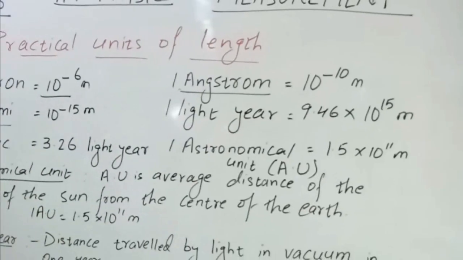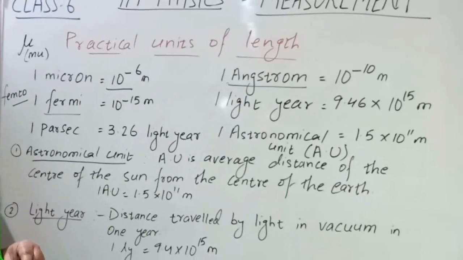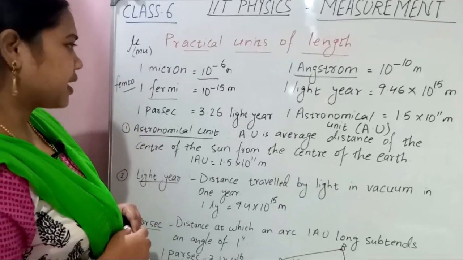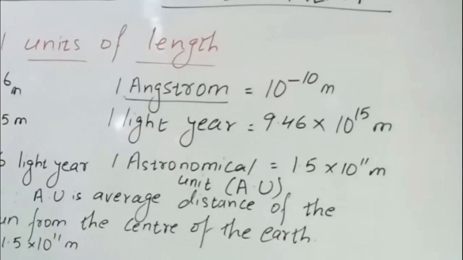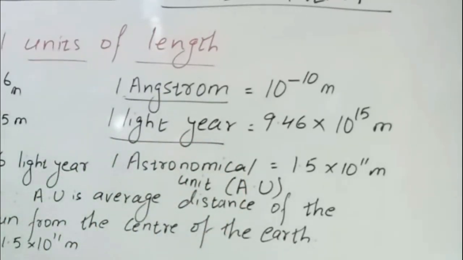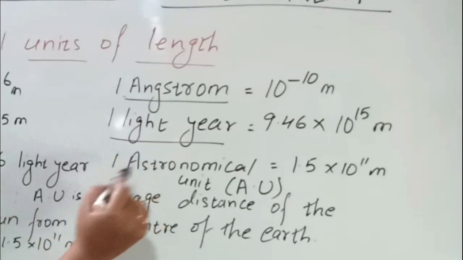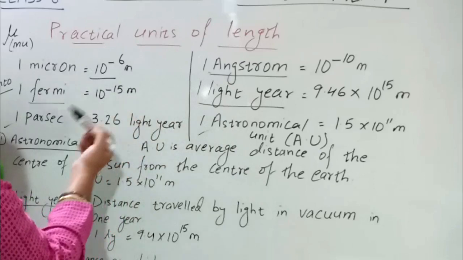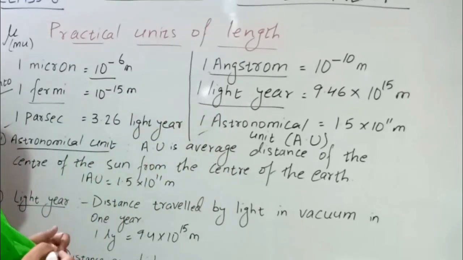These are the units used for measuring the radius and distance of atoms. Very small units. Next practical units are light year, parsec and astronomical unit. These are the bigger units.